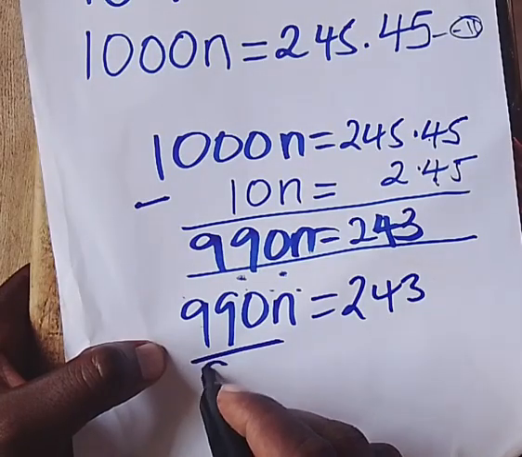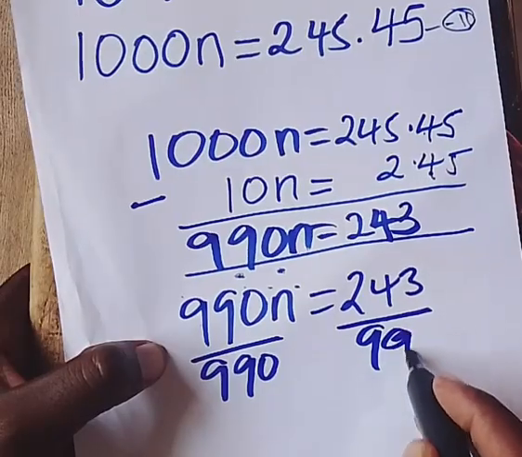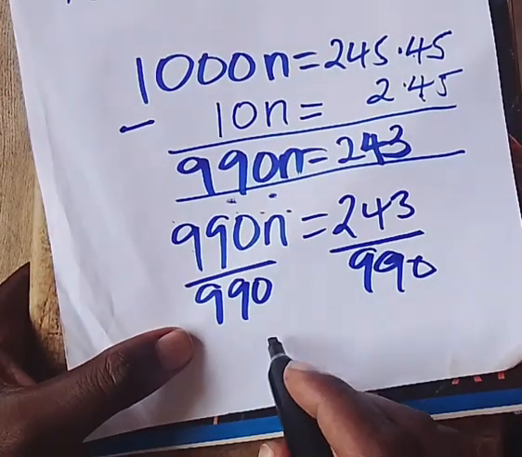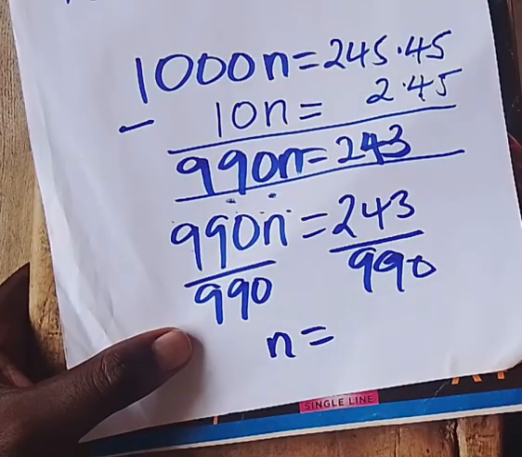So divide by 990, divide by 990. So in simplest form, you can simply solve this one to the simplest form.